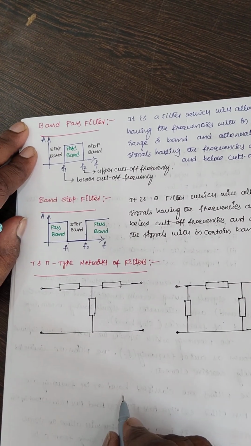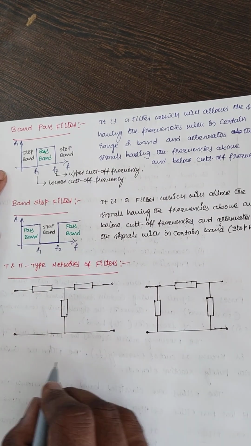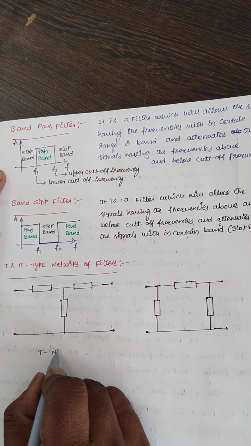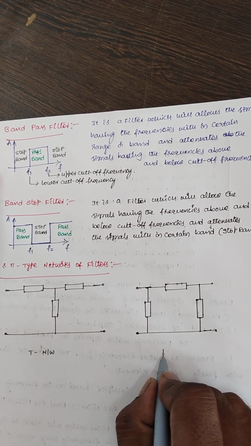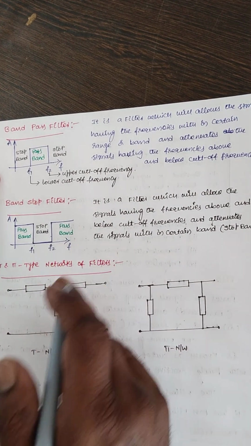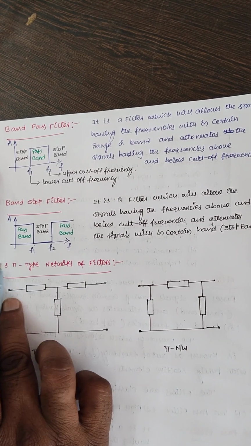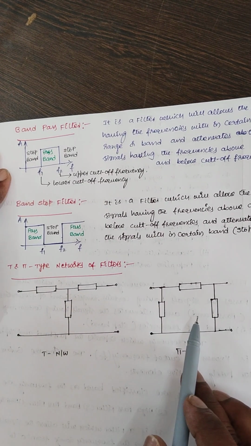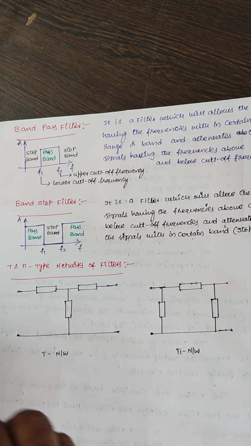Okay, this is the T network, and this is the pi network. These filters are constructed with the help of these configurations, T and pi type of configurations.